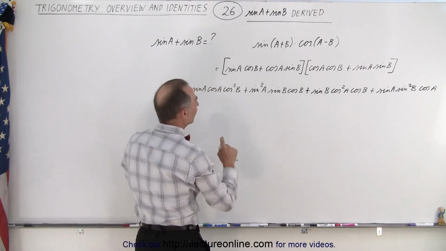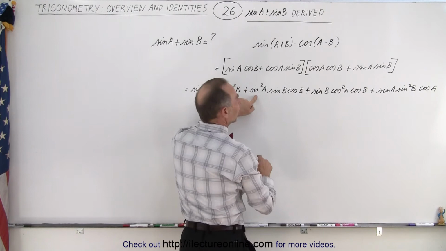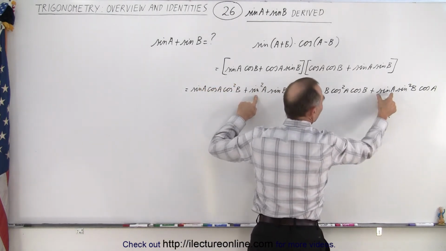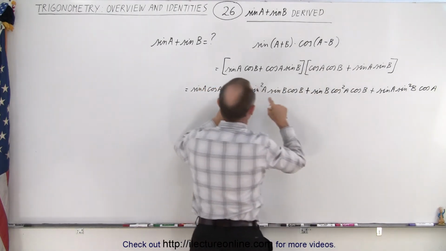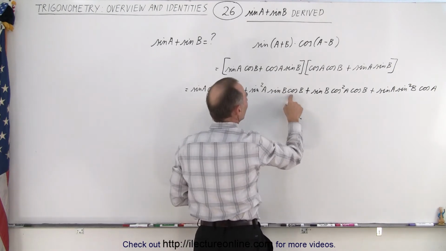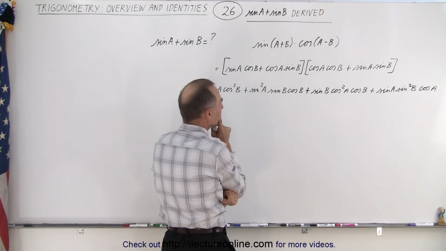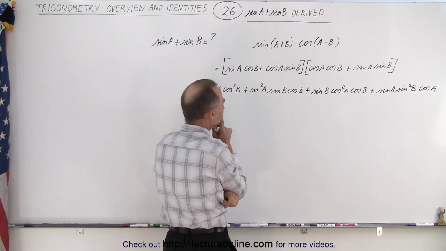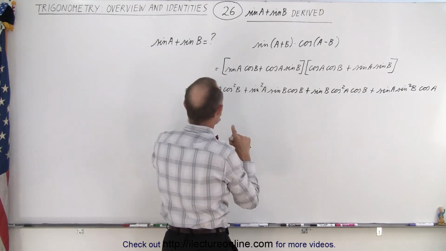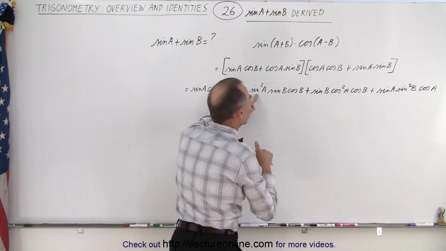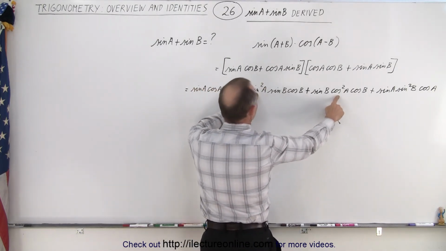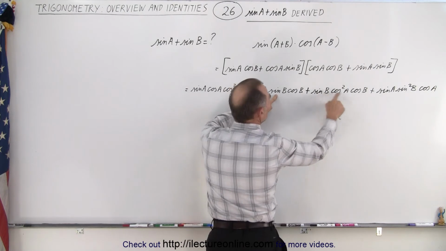So we have, let's say, a sine square of A and the sine square of B. We have sine A, sine B, cosine B. So that doesn't seem to work. Oh, how about sine square of A, cosine square of A? Sine B, cosine B, sine B, cosine B.